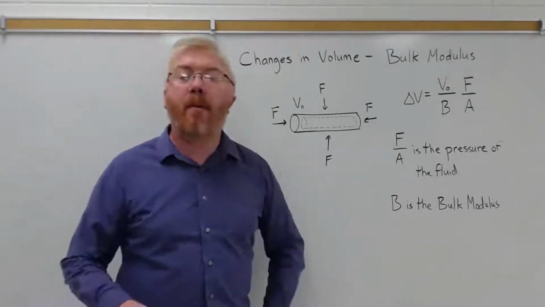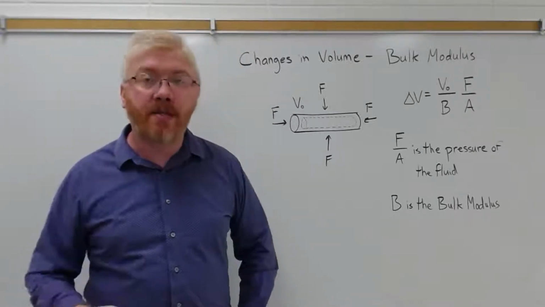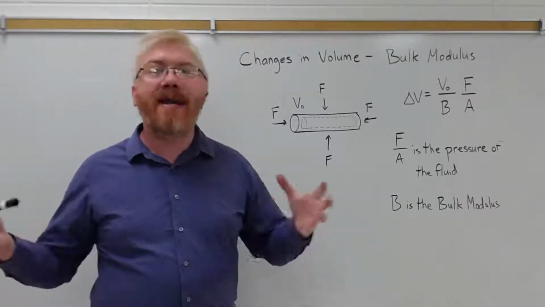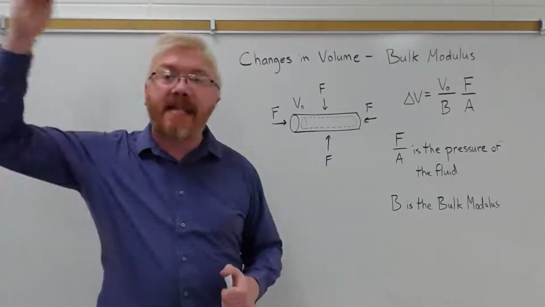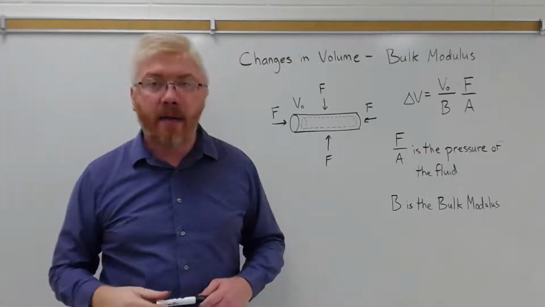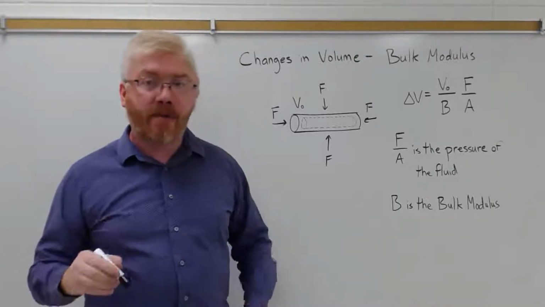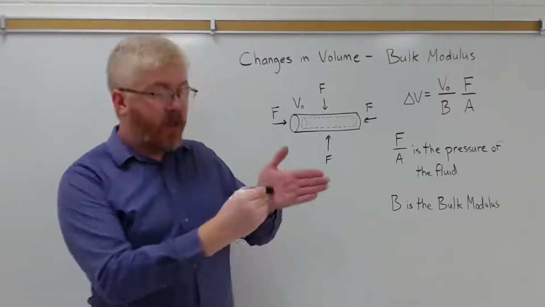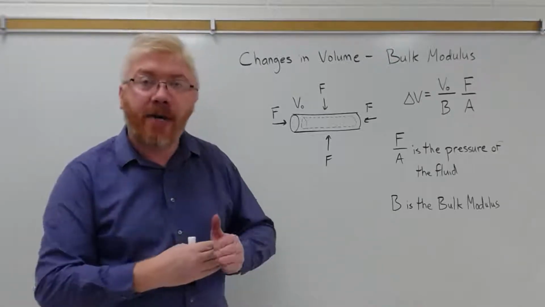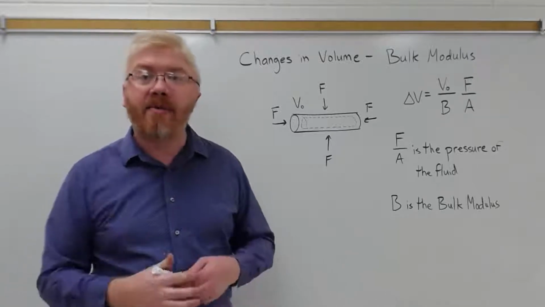Pressure pushes in all directions, and we'll talk more about pressure when we talk about fluids later this semester. However, to give you an idea, right now you're sitting at the bottom of a sea of air. The Earth's atmosphere extends way above your head, and you are experiencing 14 pounds per square inch of pressure. So every square inch on your body, there's 14 pounds of force pushing on it in all directions. That is atmospheric pressure.